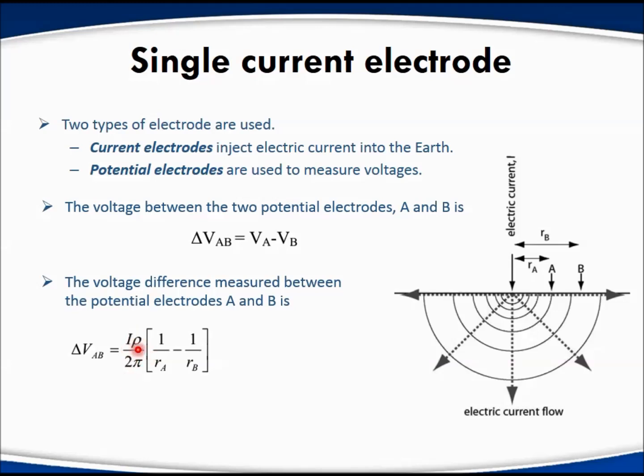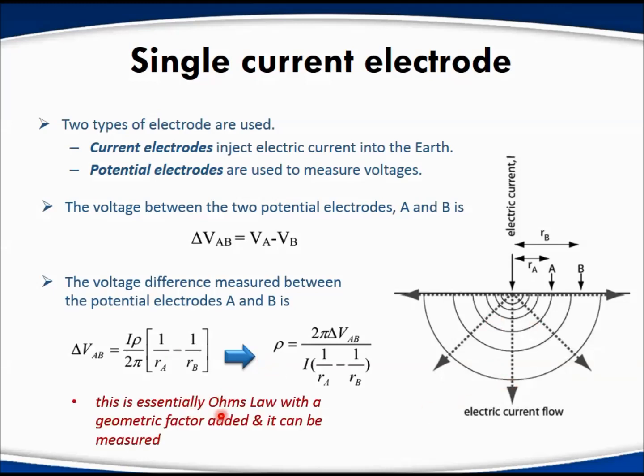Just now we had I rho over 2 pi r. Since we have two radii here, we need to insert both radii into the formula. Then we have 1 over RA minus 1 over RB. This is what we get when we rearrange the equation in order to put resistivity on the left hand side, and then we can get the resistivity of the earth.